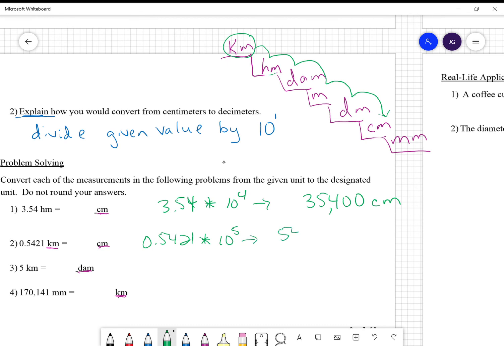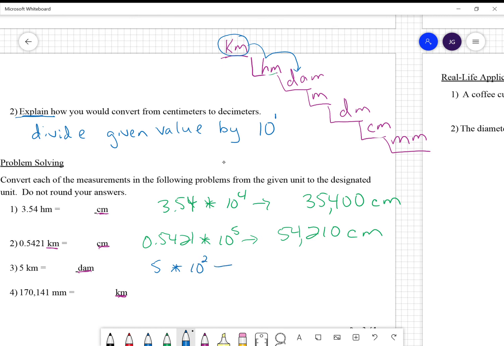My answer is 54,200 centimeters. Okay, next one, 5 kilometers to decameters. Kilometers, hecto, deca, 2 steps down, 5 times 10 to the 2nd, 500 decameters.